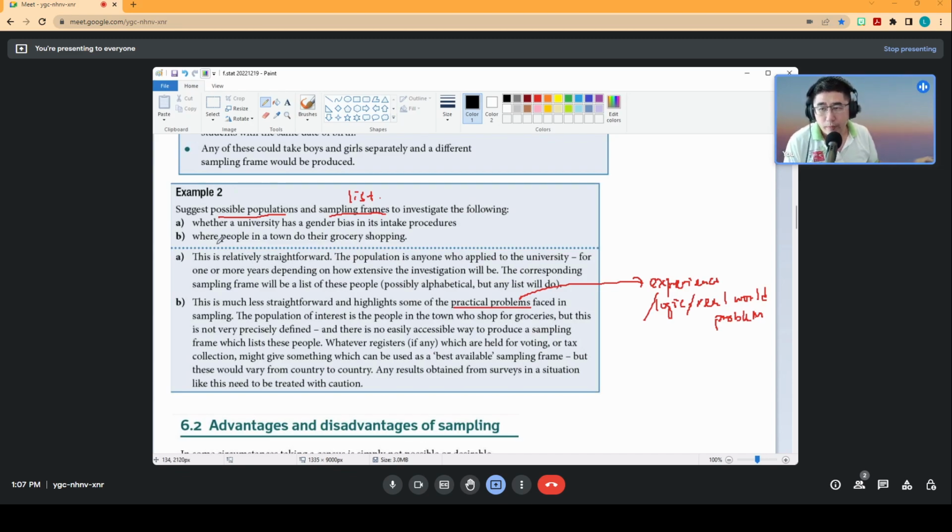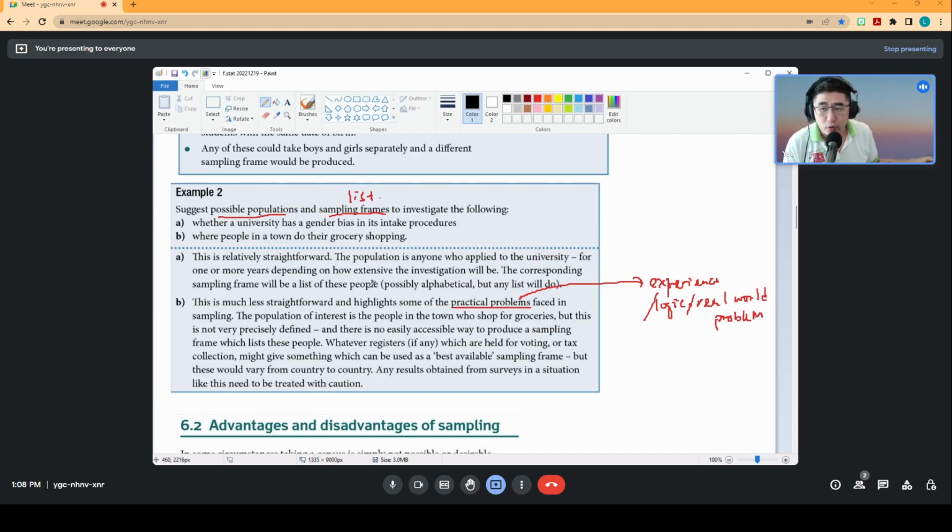Then B, where people in a town do grocery shopping. So this one will be slightly harder, because when you want to do a survey on grocery shopping, you actually stand in front of the shopping mall, or the shop. When you stand there, you will always meet the people who go for grocery shopping, but those people who don't go for grocery shopping will stay at home.